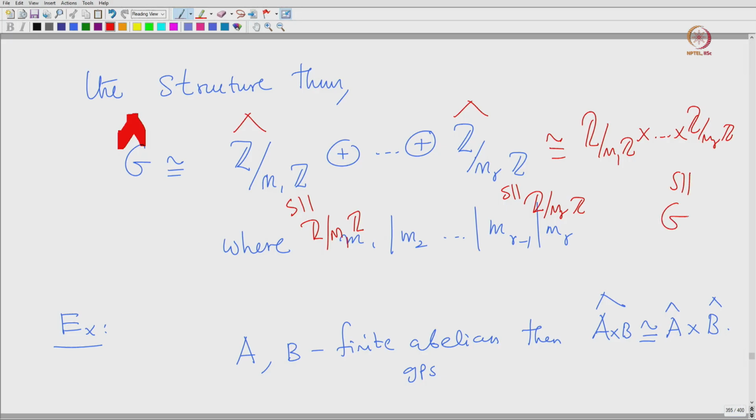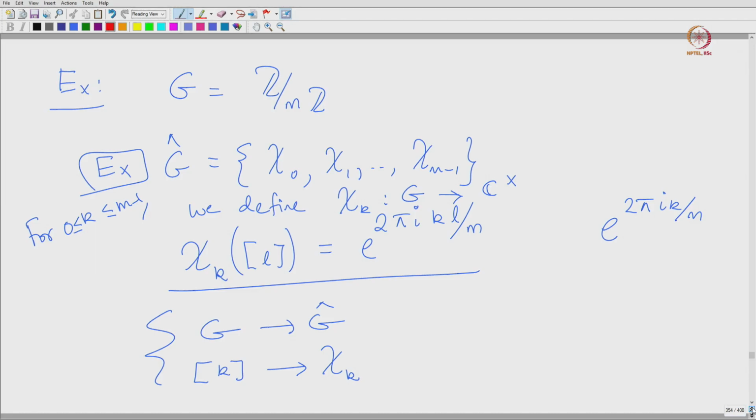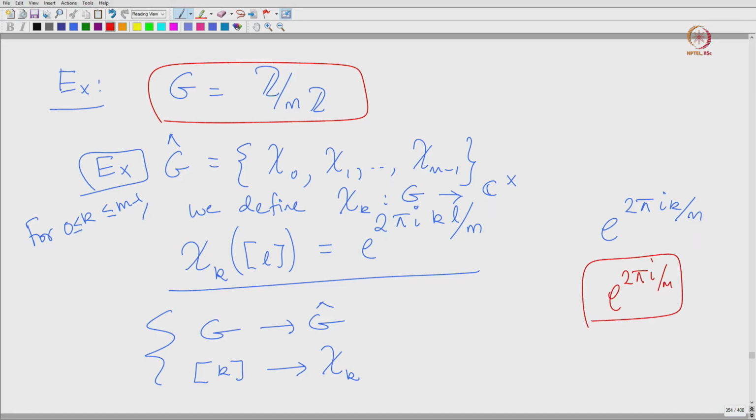Indeed, from these isomorphisms you can see that the isomorphism between G and G hat is not going to be natural. This is because when we took the cyclic generator of Z modulo M Z, we made the choice 2 pi i divided by M, but we could have chosen any other cyclic generator, and that generator is going to determine the isomorphism between Z mod M Z and its dual.